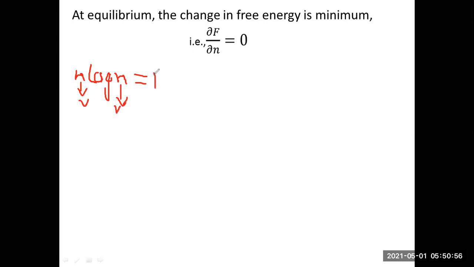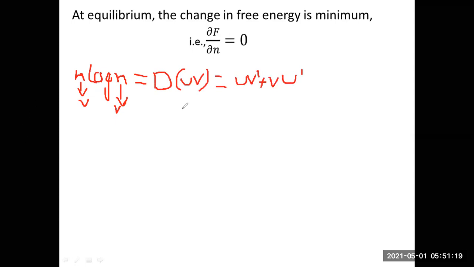So differentiation of u into v is u v dash plus v u dash. Clear everybody?